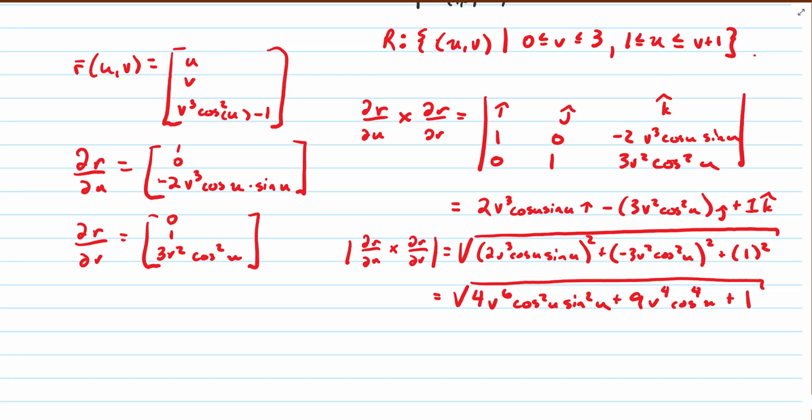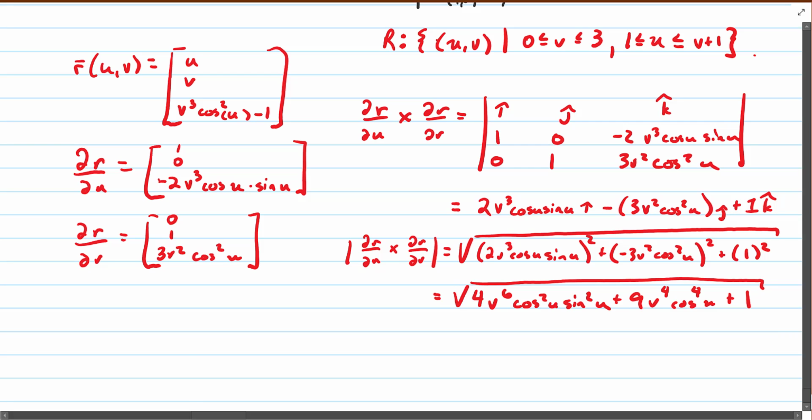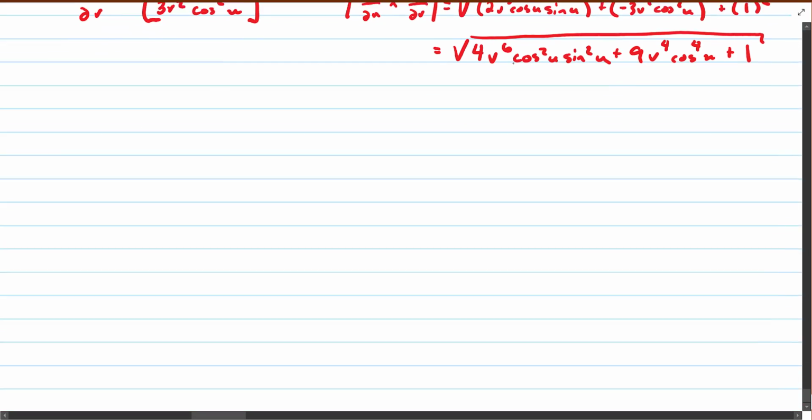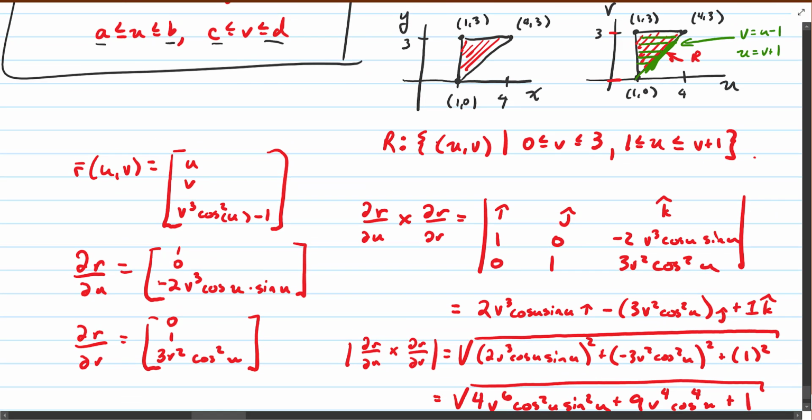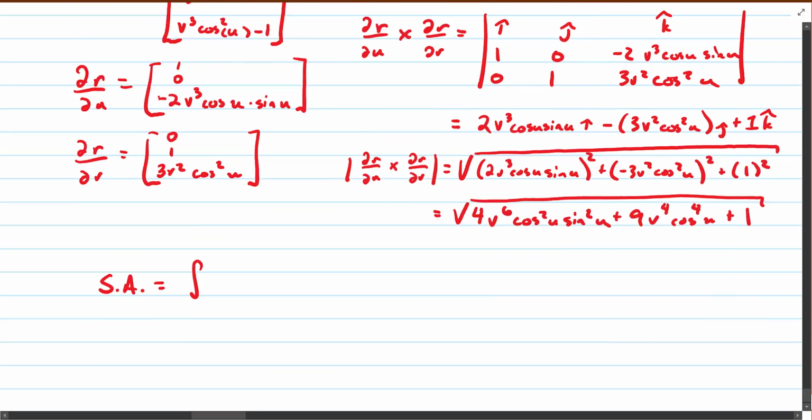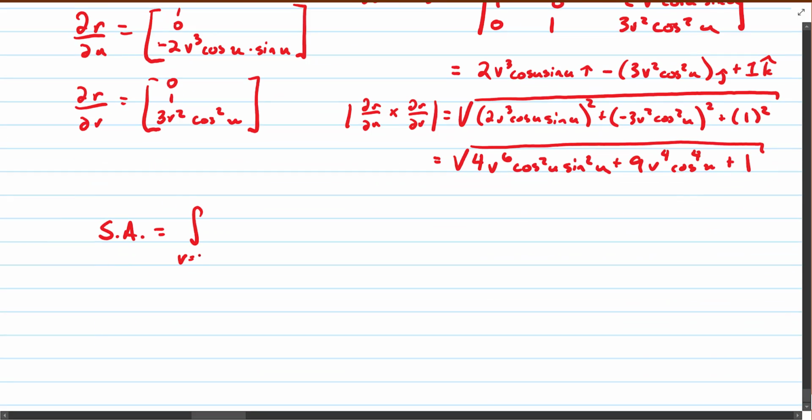So at this point we now have all the components to compute the surface area. In this case we'll say that the surface area is equal to the integral. Based on our choice of describing this region, we're going to use v as our outermost integral. So v is going to go from 0 to 3. Our innermost integral is going to be u. We said that u is going to go from 1 to v plus 1.